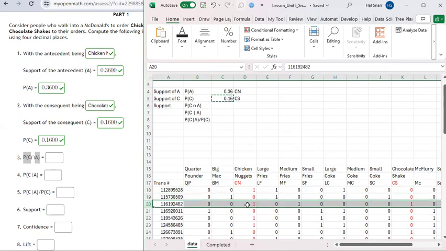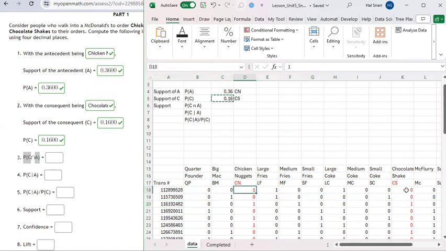In this transaction, the person purchased chicken nuggets and a chocolate shake. And notice when I multiply 1 by 0, I get 0. When I multiply 0 times 0, I get 0. But when I multiply 1 by 1, I get 1. So what we want to do here is multiply these ones and zeros together, row by row, and then sum that.